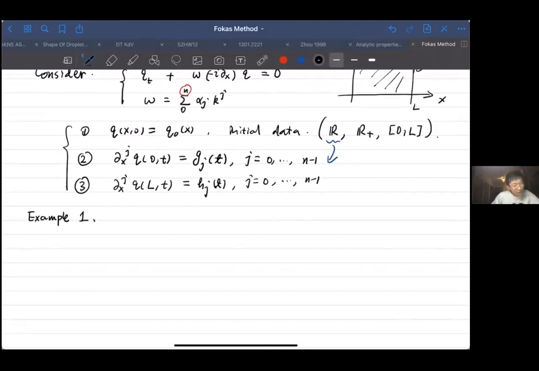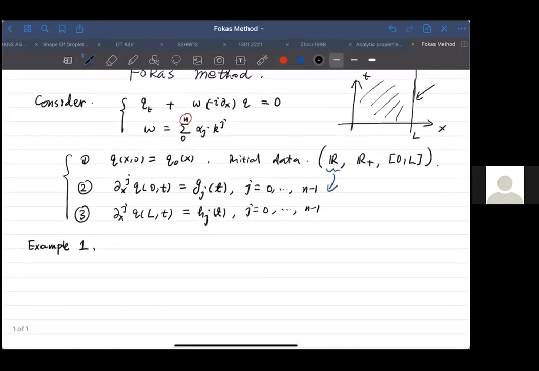Example 1, let me think which one is better. Can we pose both boundary values at 0 and L? No, you cannot pose all of them, that's overdetermined.